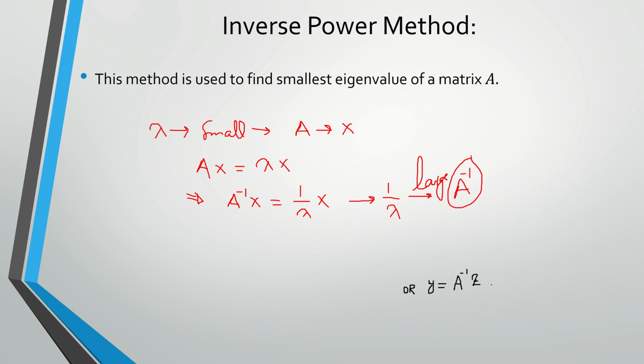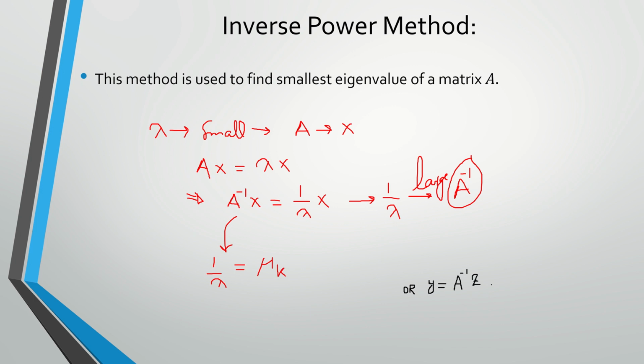The only extra step we'll be doing is finding the inverse of the matrix. And at the end, you will get simply 1 by lambda, which is the largest eigenvalue in terms of A inverse. So that will be something like mu k, because we are getting mu k at the k-th iteration.